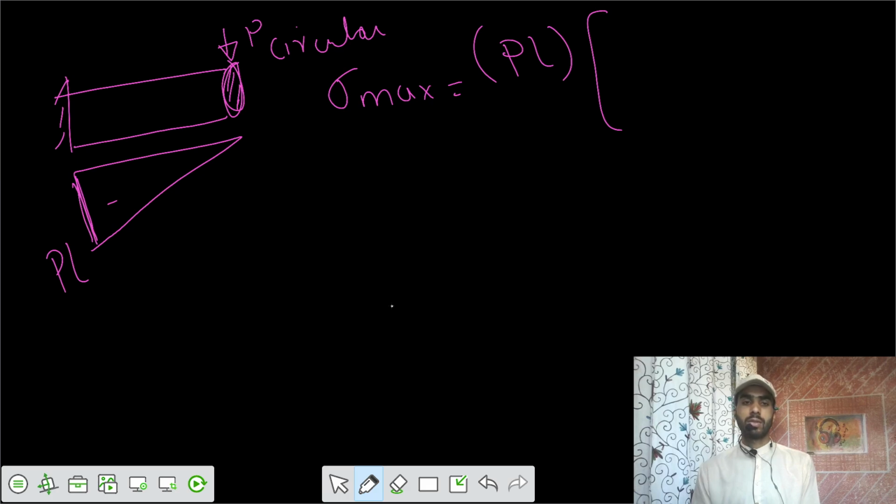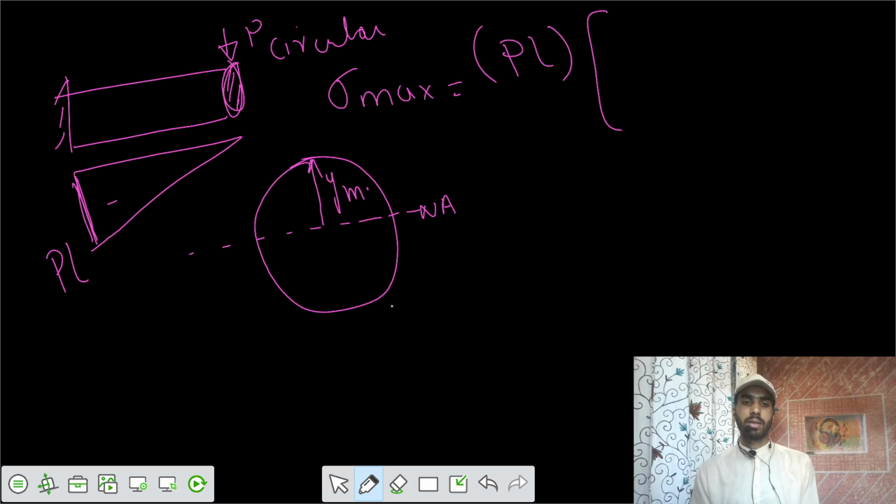Y max. So if you take any section, because your beam is prismatic, that means the cross section remains constant throughout the length. If you take any section, you have a neutral axis perpendicular to the load direction, that is, perpendicular to the plane of bending. So this is your Y max. Y max equals d by 2.